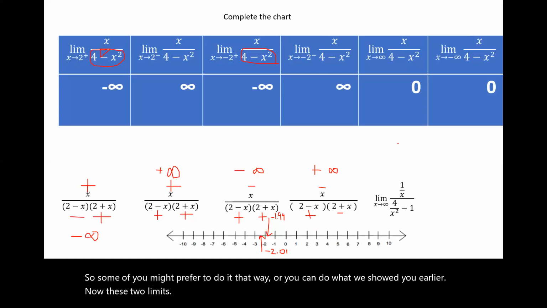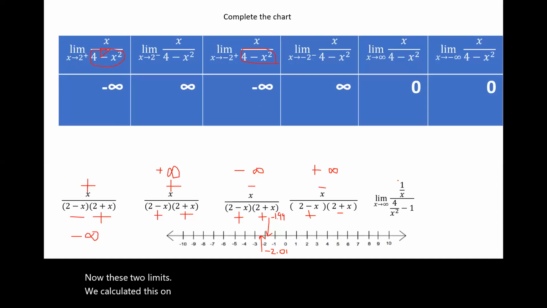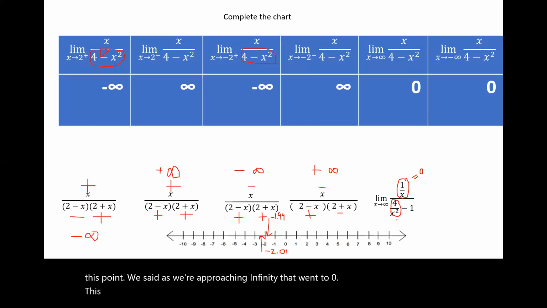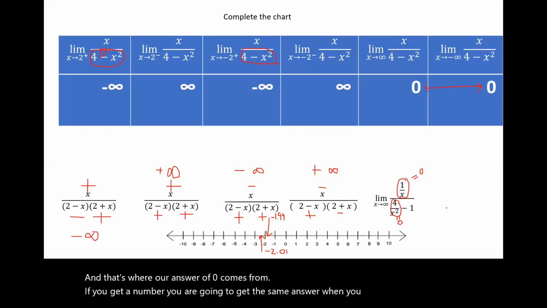We calculated this on the previous page when we did the horizontal asymptote. We got to this point, we said as we're approaching infinity, that went to 0. This one also goes to 0, and that's where our answer of 0 comes from. Now, if you get a number, you are going to get the same answer when you approach negative infinity. Why?